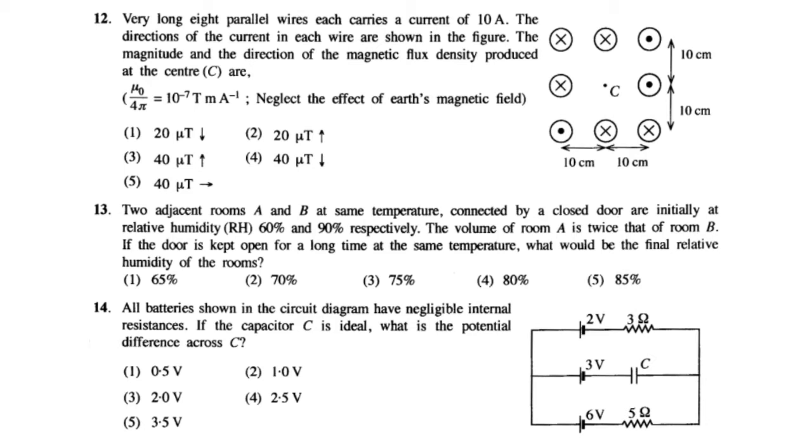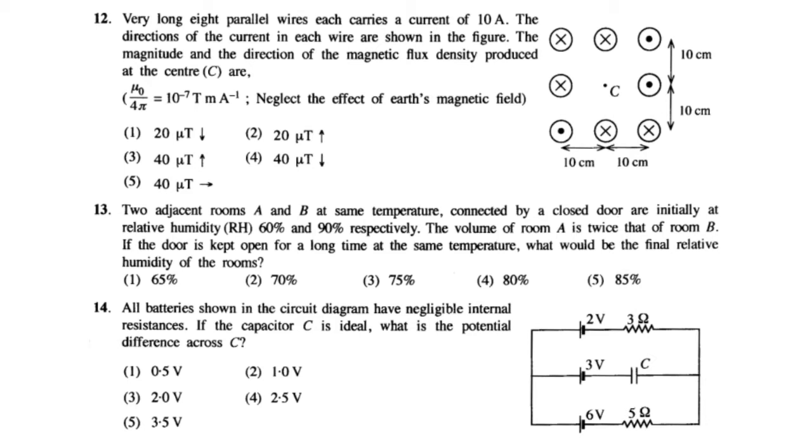Because we can understand that relative humidities in both rooms are different, so it shows that it has different masses of water vapor in each room.